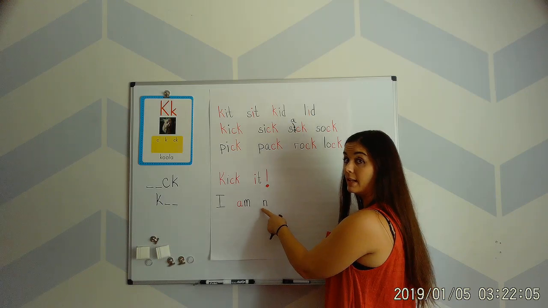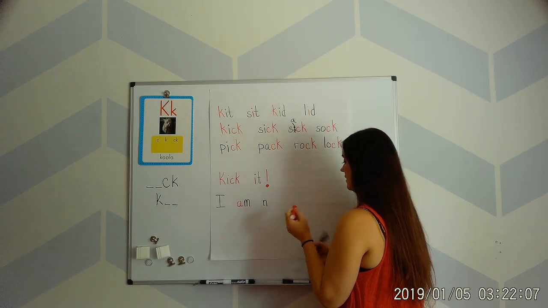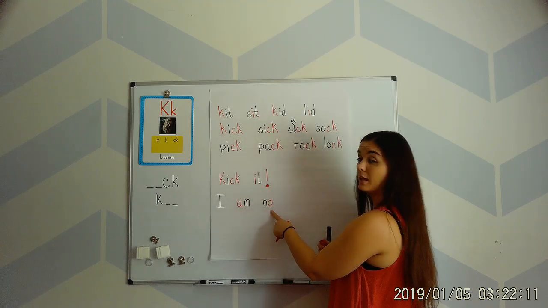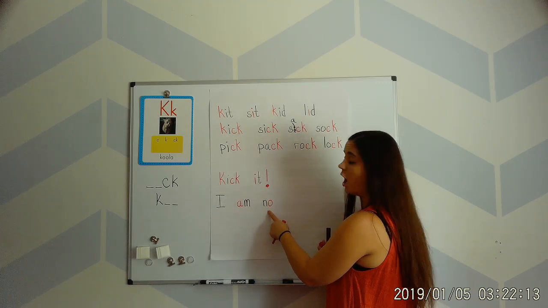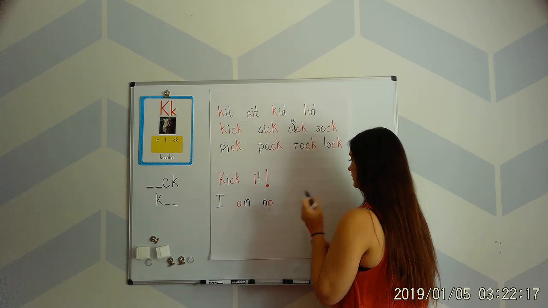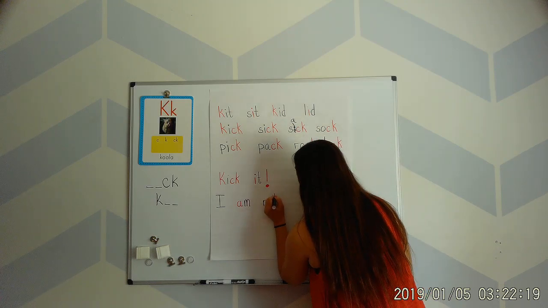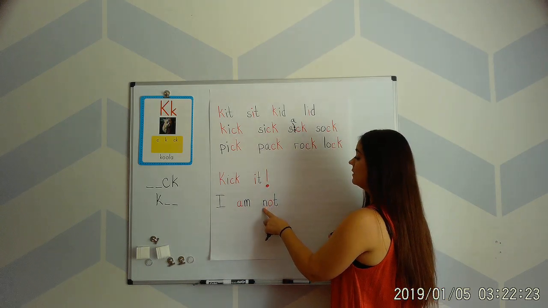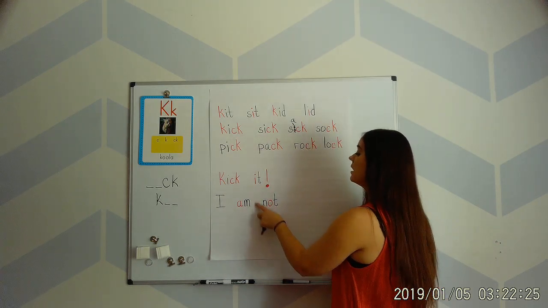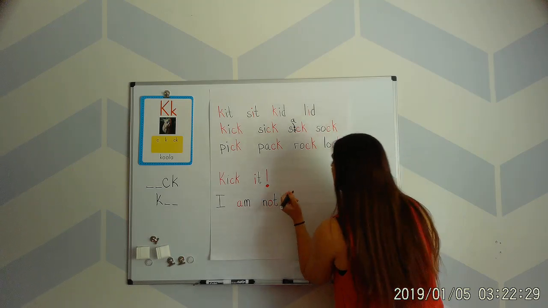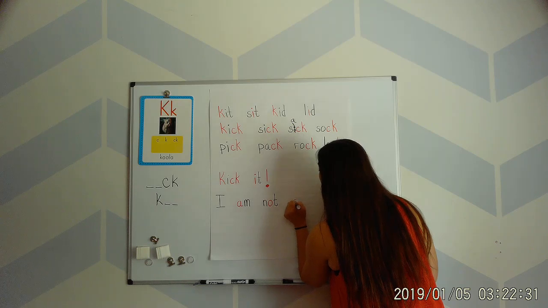N says, O, like the octopus card, says ah, nah. And T says ta, not. I am not. What is I not?